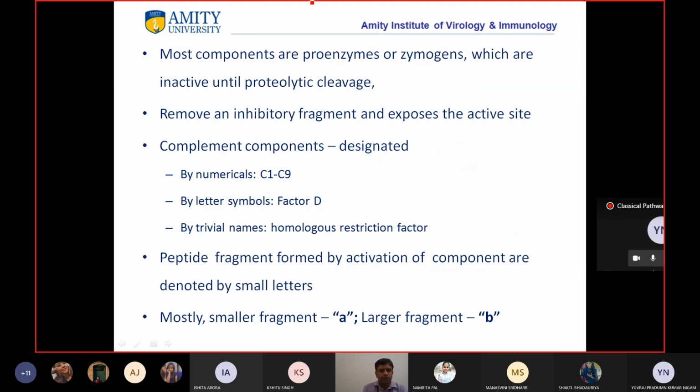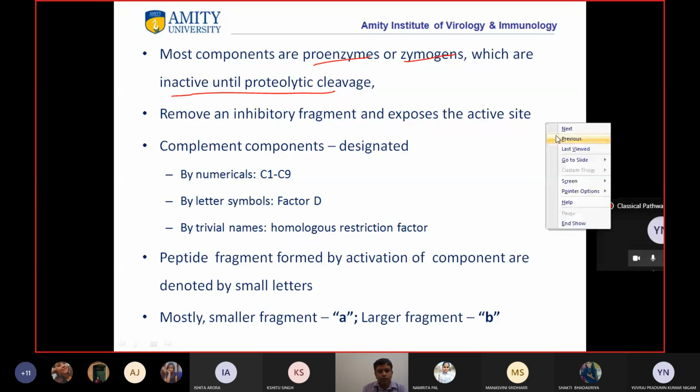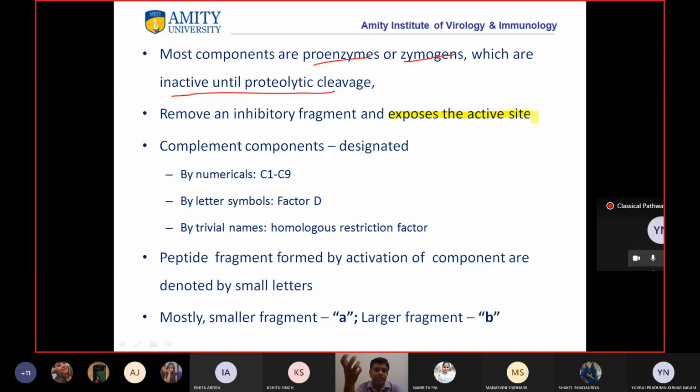This again we have discussed, that most components are proenzymes or zymogens, and they are inactive until they are proteolytically cleaved. And when they are cleaved, it exposes the active site of the enzyme so that the next protein can bind to it and the reaction can take place.